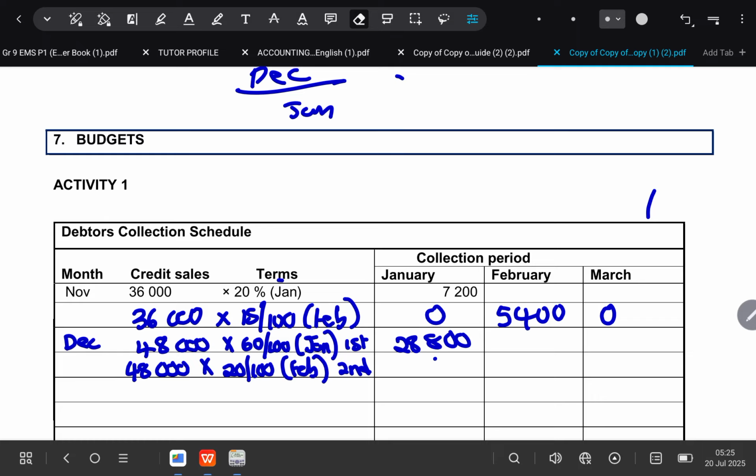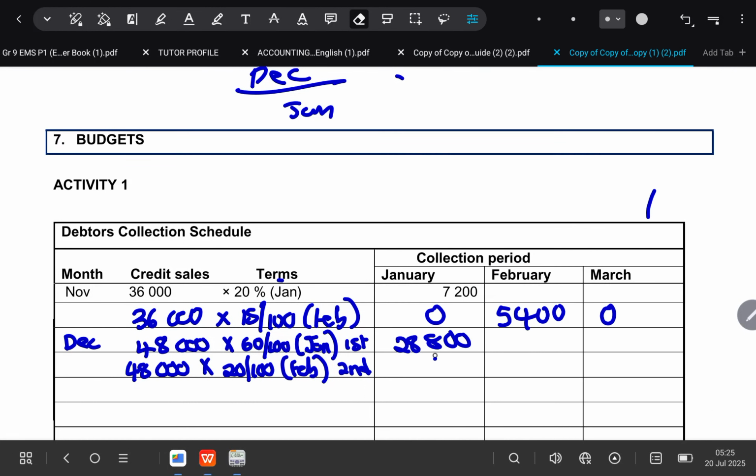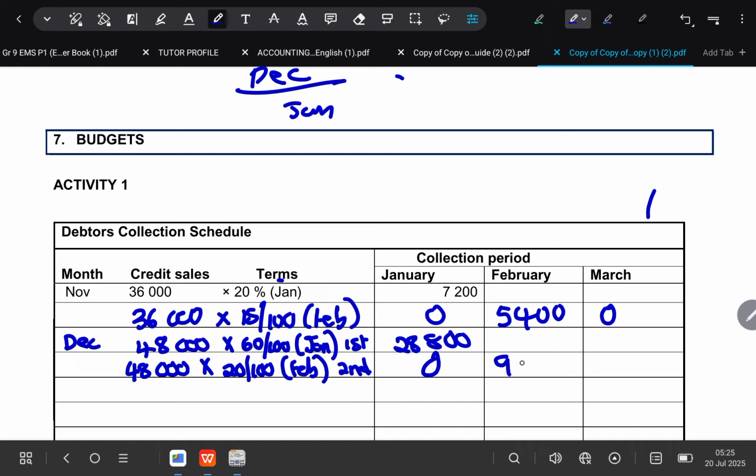So remember, that answer that we got, actually here it will be 0 because we are not doing any collection. So here we'll put our 0, and then remember we're collecting in February, so in February we will put that 9,600 here.